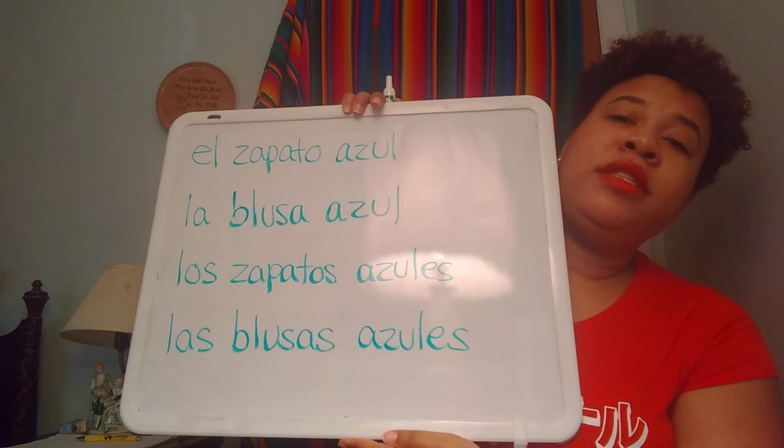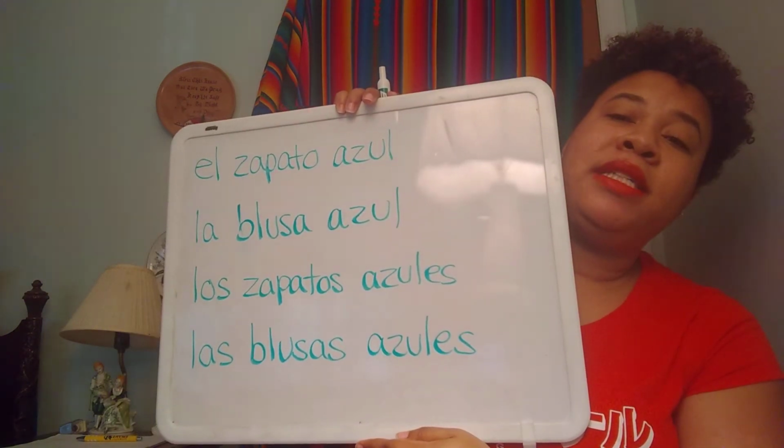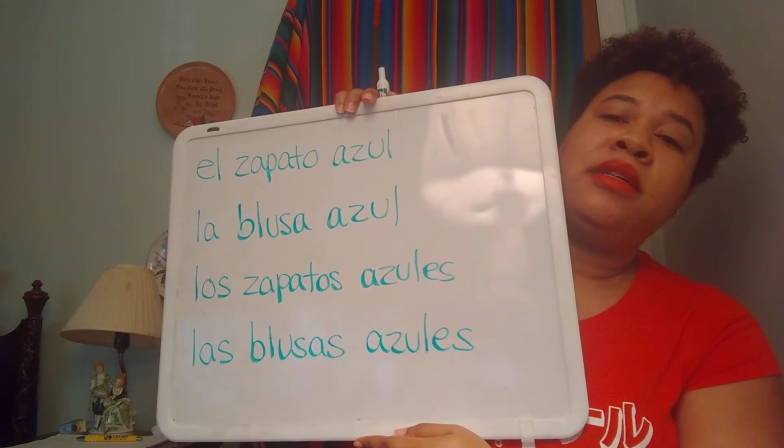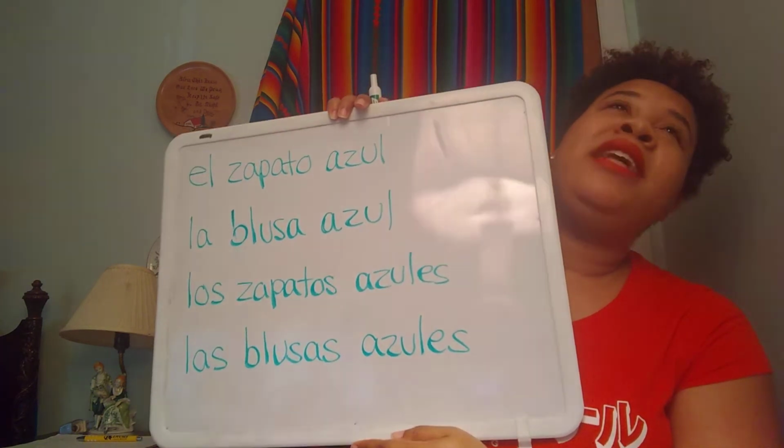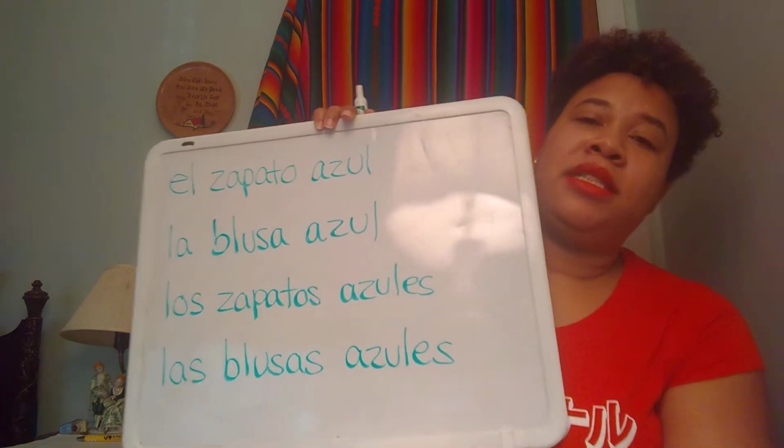In the case of negro, you just add an s. It becomes negros or negras. But for blue, it becomes azules. So you have los zapatos azules and las blusas azules.